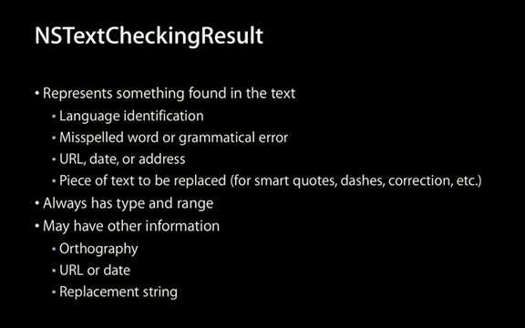These objects always have, first of all, a type, the type of the checking that they're a result for, and a range, the range in the text to which they apply. Depending on the type, they may have other information: a URL, a date, an address as a dictionary, or a string that's suggested as a replacement for that text. And then you just go through the list of these and do whatever you feel is appropriate.